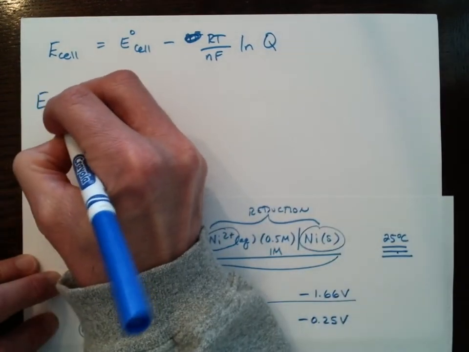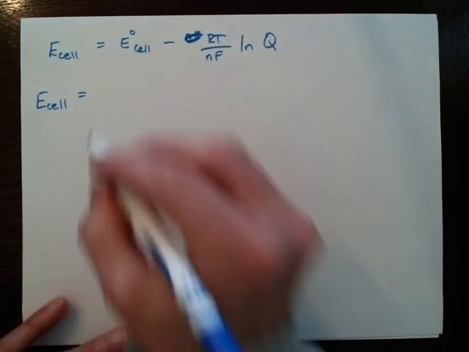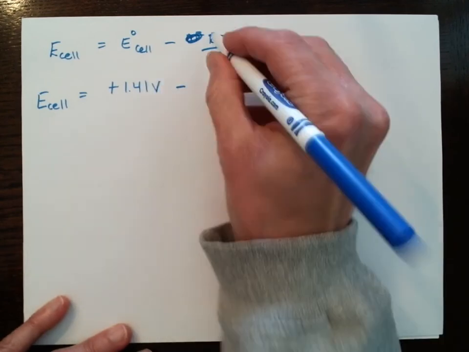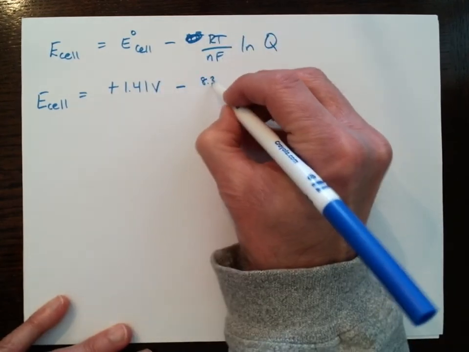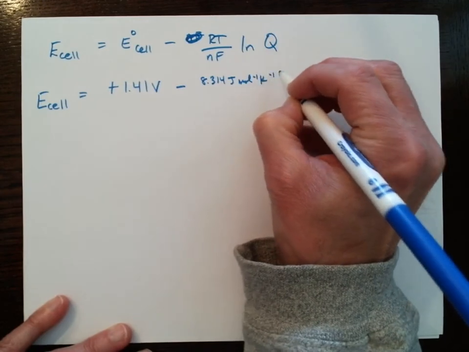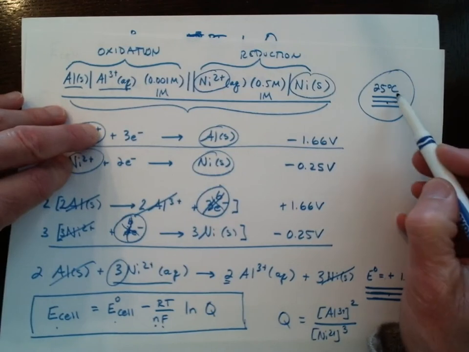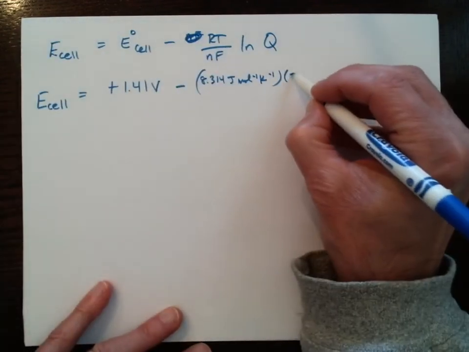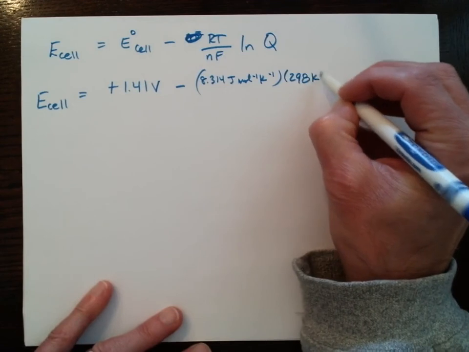The cell potential, that's going to be our standard cell potential, which is a positive 1.41 volts, minus the gas constant, 8.314 joules per mole per Kelvin, times the temperature. We said that's 25 Celsius. Of course, I don't want to throw Celsius in there because that doesn't talk to the Kelvin unit. We have to convert that to 298 kelvins.